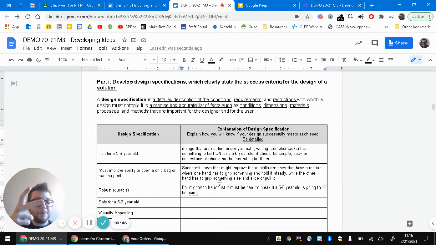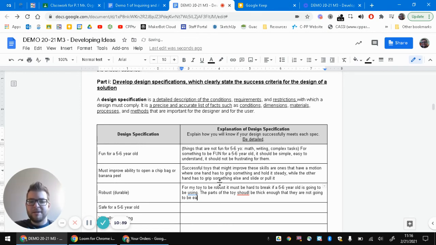So what's the opposite of that now? The parts of the toy should be thick enough that they are not going to be easily snapped off or bent by a small child.